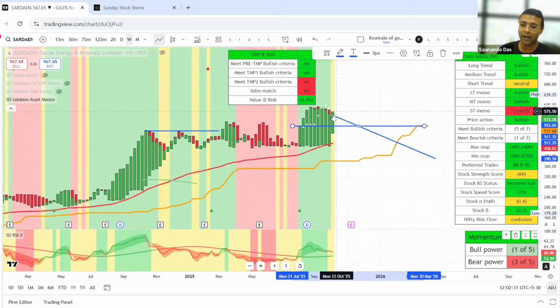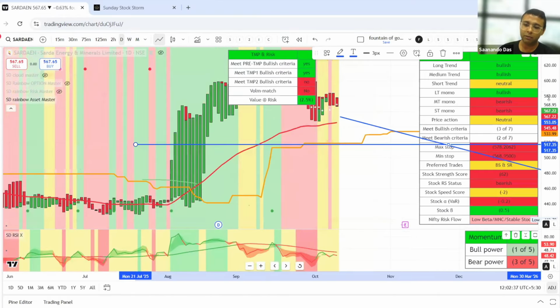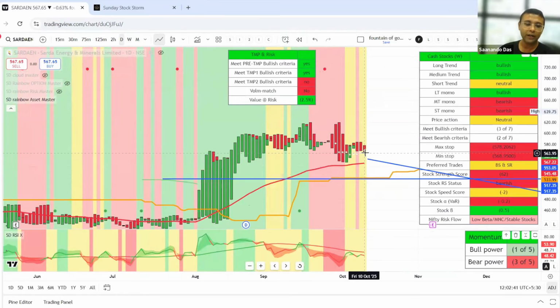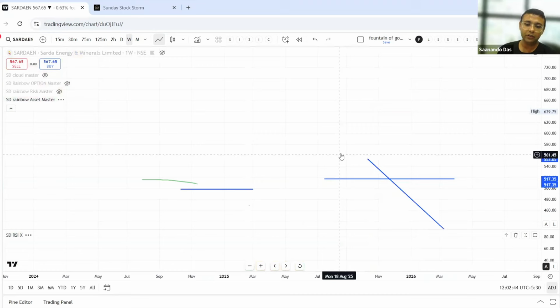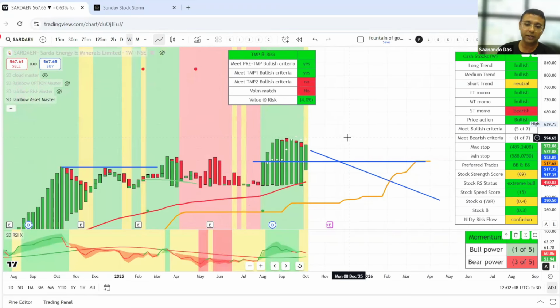If I plan to enter Sharda Energy, use fine tuning. Fine tuning matlab lower time frame chart, daily chart, wait for a buy signal. So Sharda Energy is not good, unlike what we saw: VEDL, Maruti, Acre, etc.